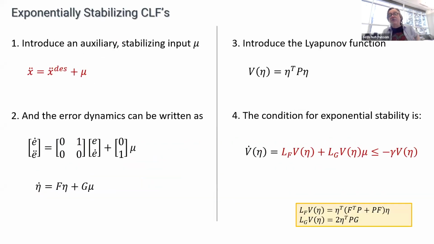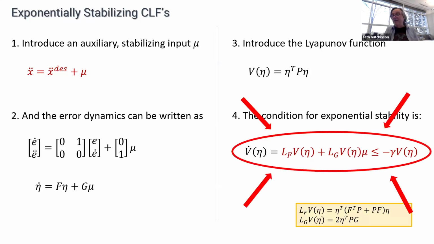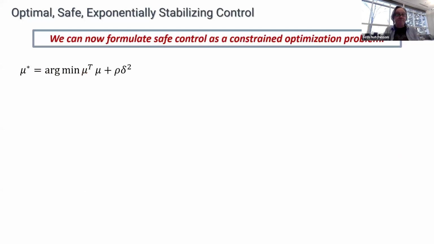So you do the same thing with control Lyapunov functions. And again, none of these equations are super important. What's important is, in the end, you come up with a condition such that if your dynamics satisfy this condition, you win. Your system is stable, right? And that's the condition that we care about.